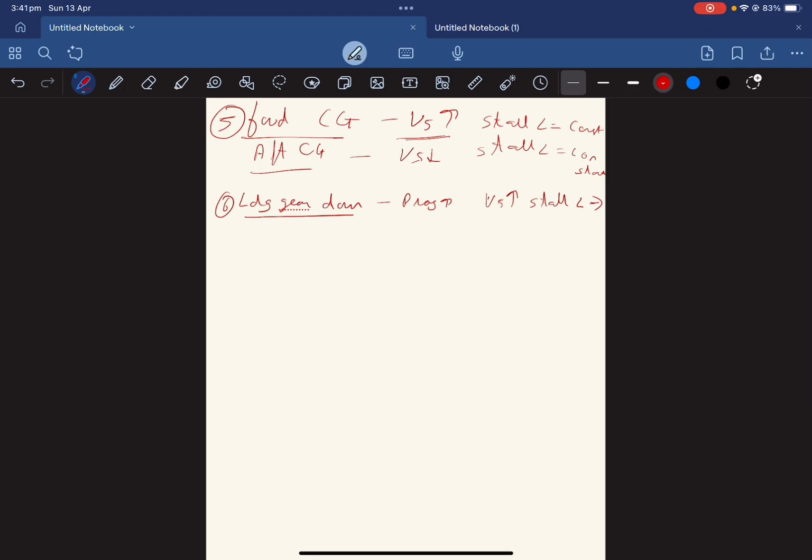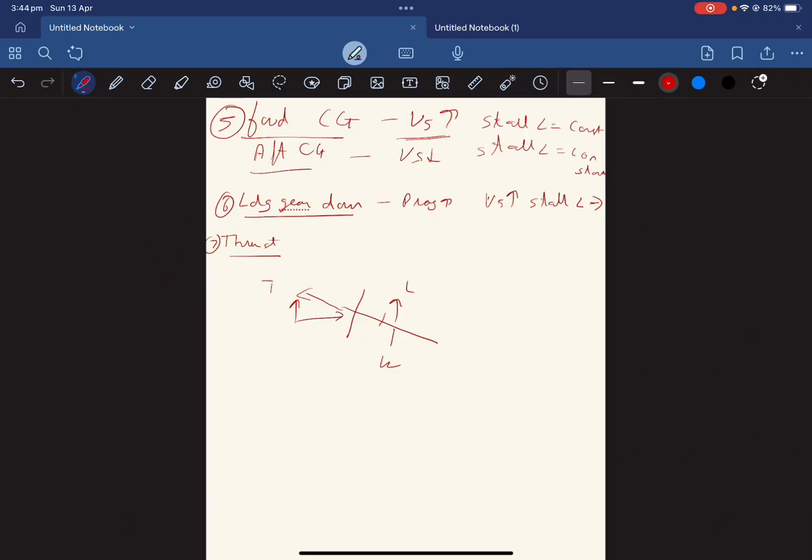So now let's talk about thrust. What happens when your aircraft is using thrust? Let's say this is your aircraft. This is your thrust, this is your weight, and this is your lift. Now I can divide thrust into two components, the vertical component and the horizontal component.